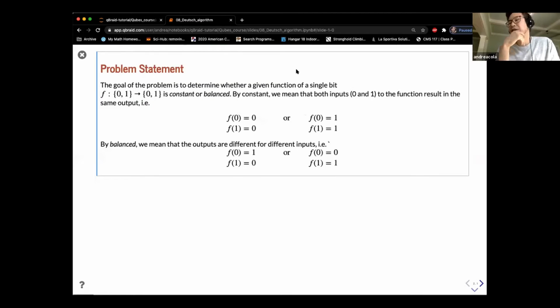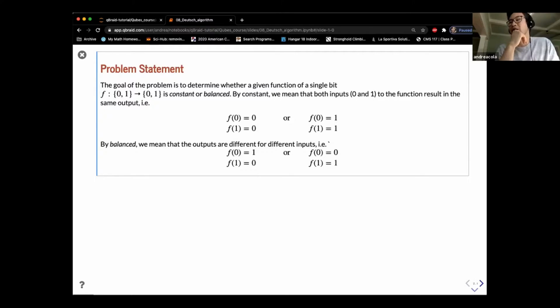Yeah, so the problem that we're trying to solve is the following. We want to determine whether a certain function f that is given to us, a function that maps a single bit to another single bit of output, is constant or balanced.